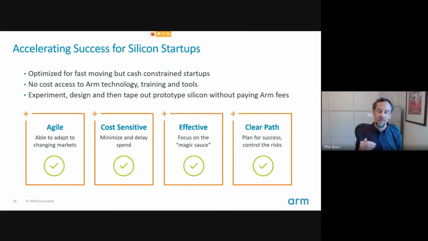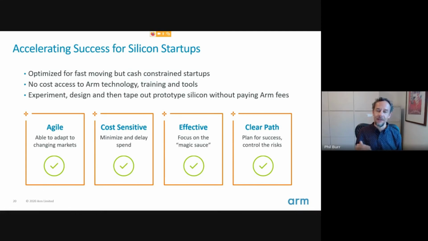And by providing technology that just works, it allows startups to focus on the key differentiating parts of their product, the magic sauce, and that's really important to make sure that you get to market as quickly as possible by just focusing on the differentiating parts.